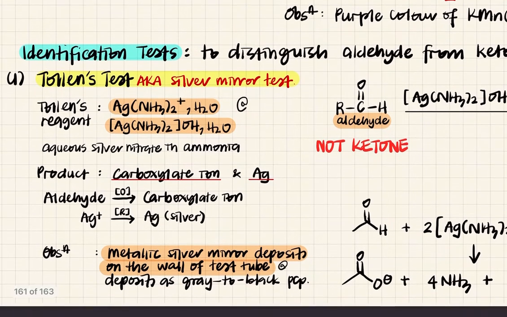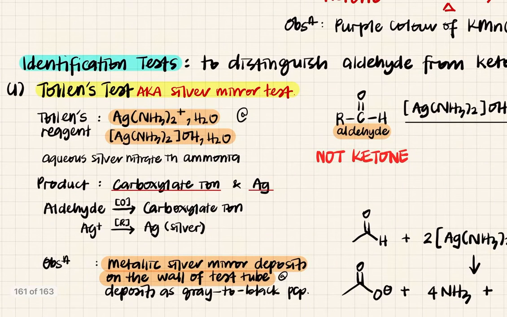The products of this reaction for aldehyde will be carboxylate ion and Ag, your silver. Why do you get that product? When aldehyde is being oxidized, it becomes carboxylate ion. What does the carboxylate ion look like? C double bond O, O minus.